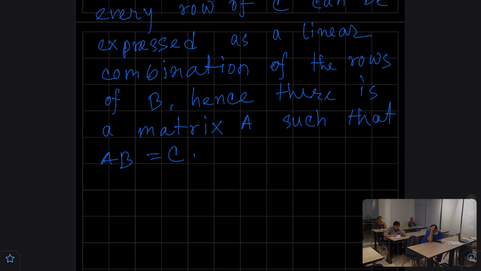Yes, I'm going to define the elementary matrices, because C is obtained from B.